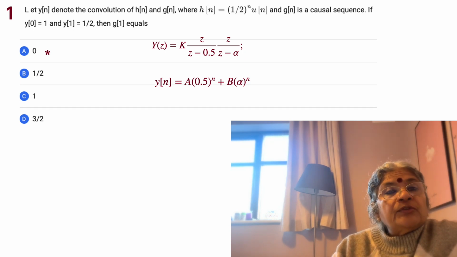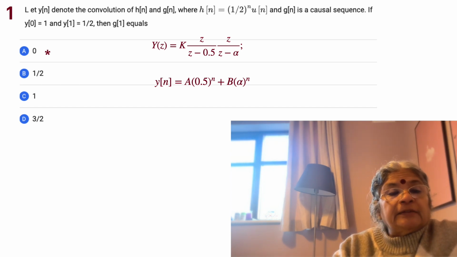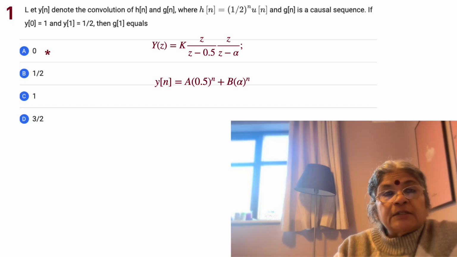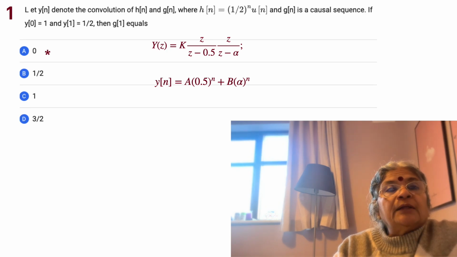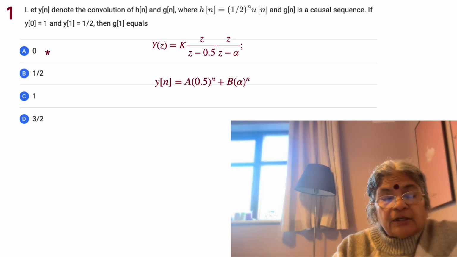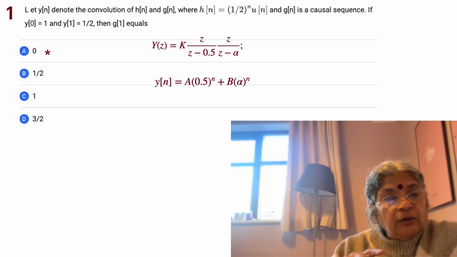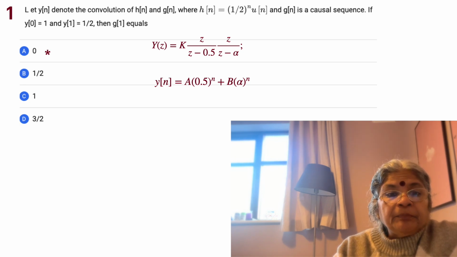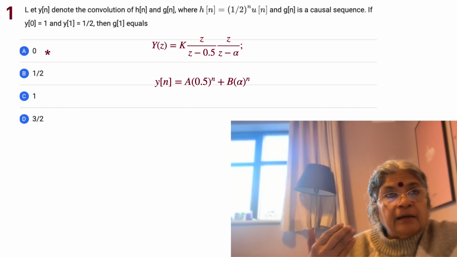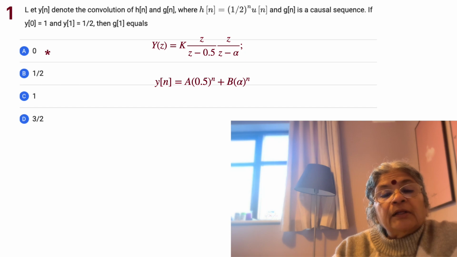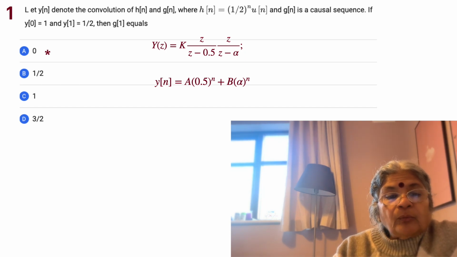Since convolution is already suggested, we take Y(z), and it's given by the product of the two sequences, where one is known and the other is also a causal sequence, so we club them together with a common multiplication factor k. The first sequence h[n] is converted to z by z minus 0.5, and accordingly g[n] is also converted into z by z minus alpha. So now we have two components.